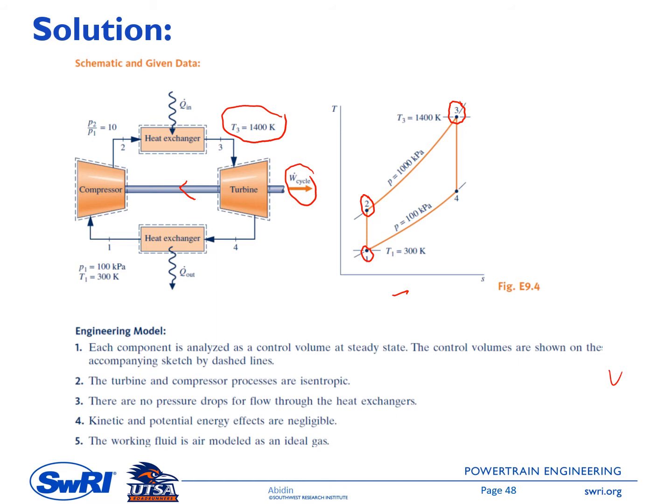The first assumption here is each component is a control volume, and the turbine and compressor processes are isentropic. There is no pressure drop within the heat exchangers, we can ignore the impact of kinetic and potential energy, and the working fluid is air, modeled as an ideal gas.